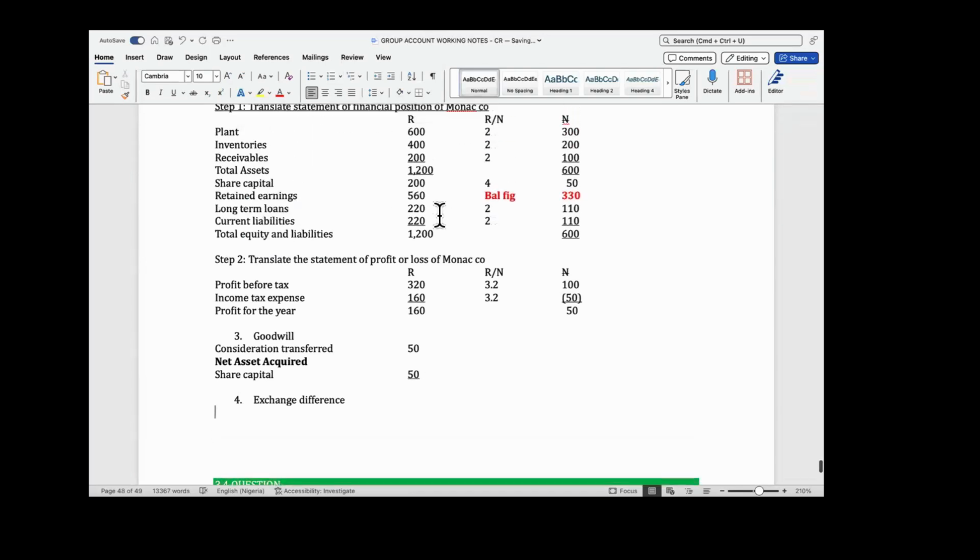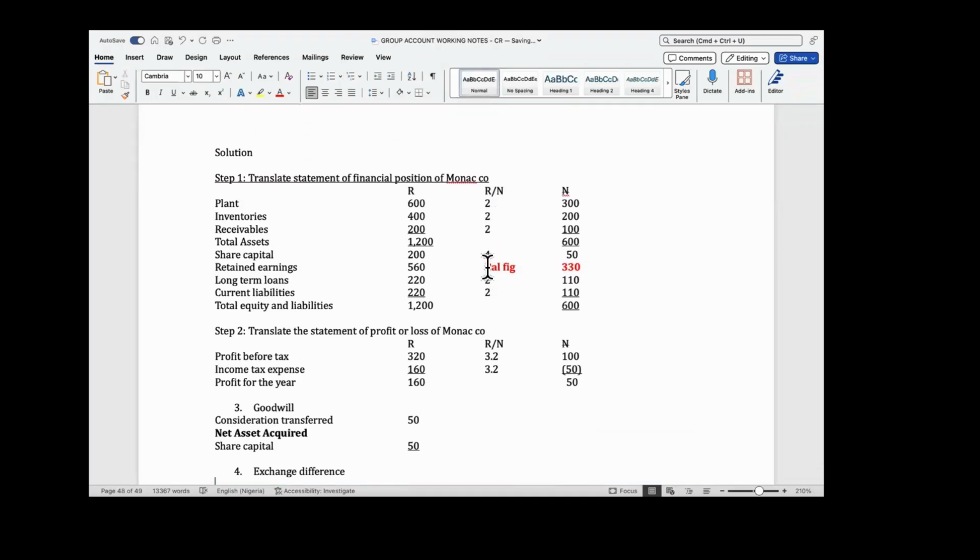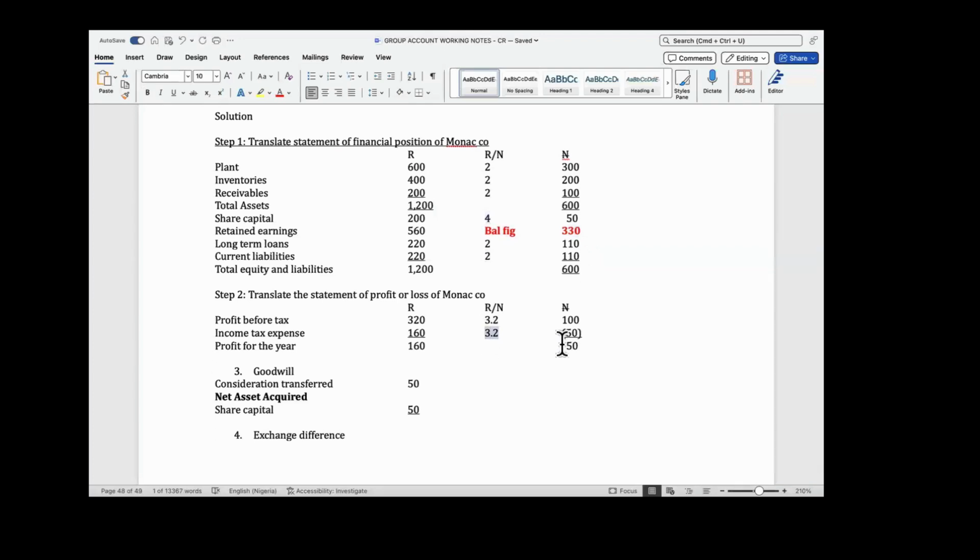I already told you that what usually results in exchange difference comes out of this balancing figure you are getting. There would be an inherent gain or loss inside, because we are using different exchange rates: closing rates, historical rates, and average. And don't forget, this profit for the year is also inside.